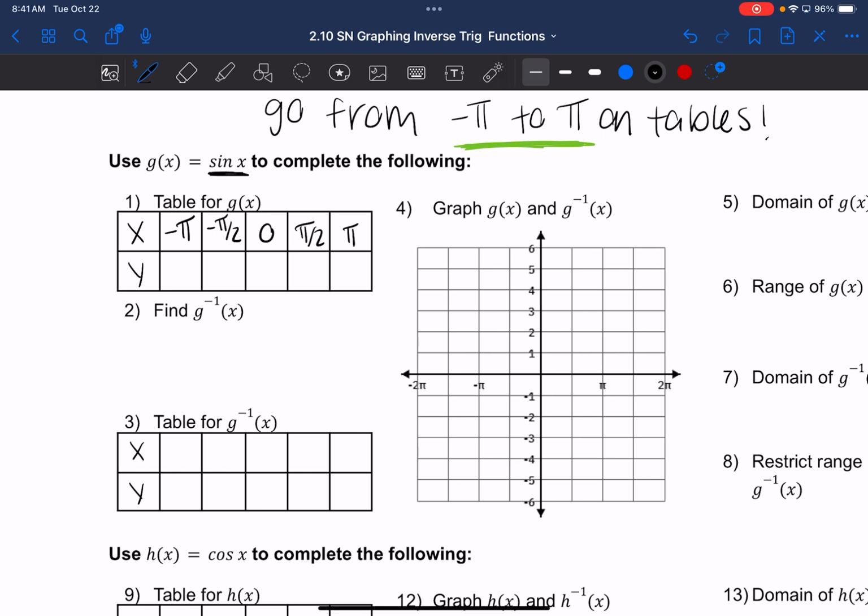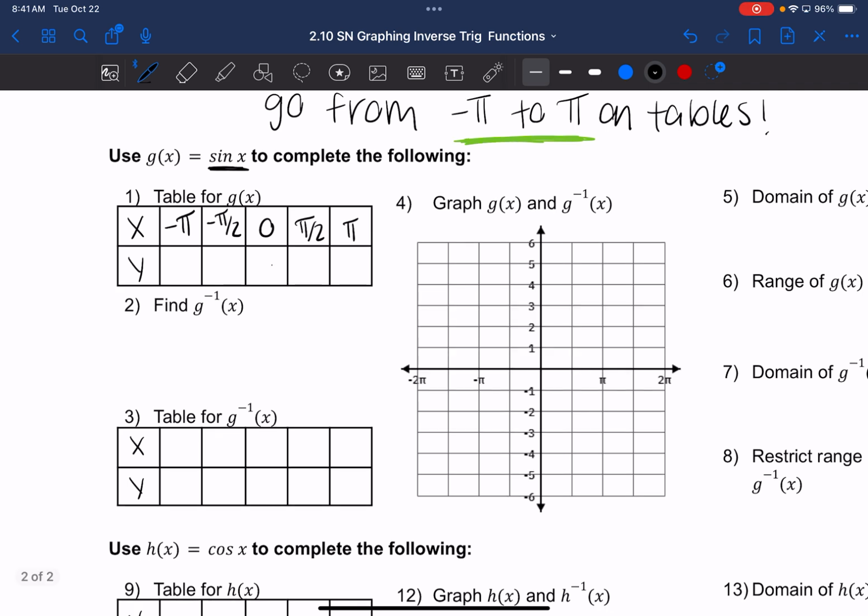At 0, what is the y value for sine? 0, yeah. Starts at 0, 0. Okay? And then from 0, my sine graph at pi halves goes up to the maximum, which if it hasn't been transformed any, it'd be at 1, right?